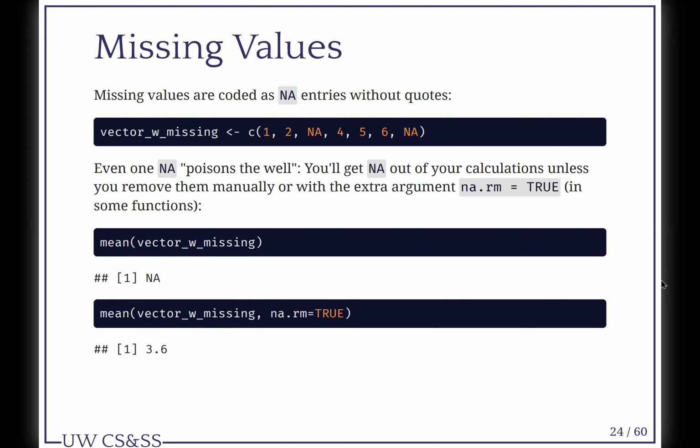Even one NA will poison the well. You'll get NA out of your calculations unless you remove them manually or with an extra argument, such as na.rm equals TRUE, which is available in some functions. I know a lot of people ran into this question for the homework with trying to get the average.